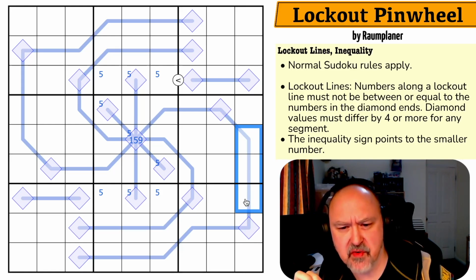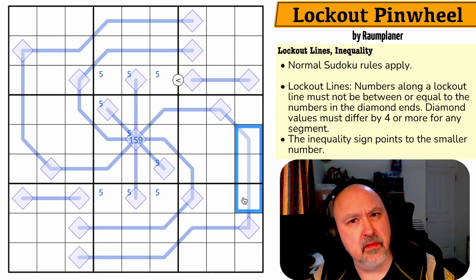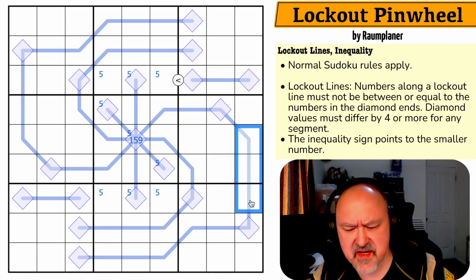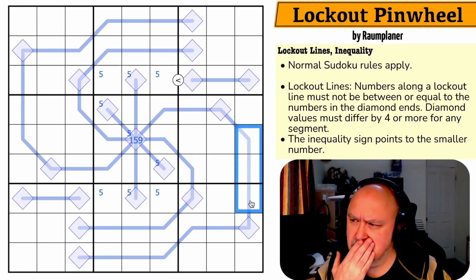Because when you've got 4 digits that see each other on a lockout line, then if there was ever a place where there were 4 digits that saw each other on a lockout... Hang on a minute. 3 digits that see each other. No, because you can't have 4... No, you can have 4 digits. I'm out of practice with lockout lines.